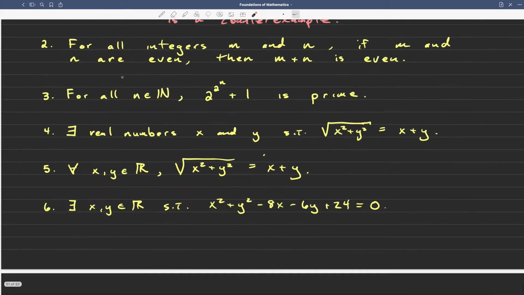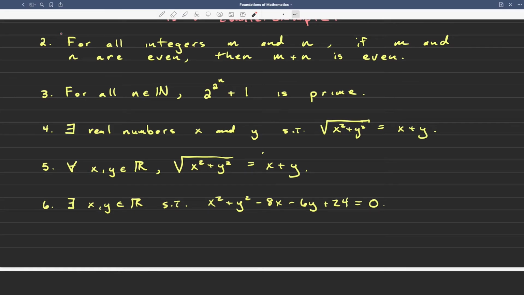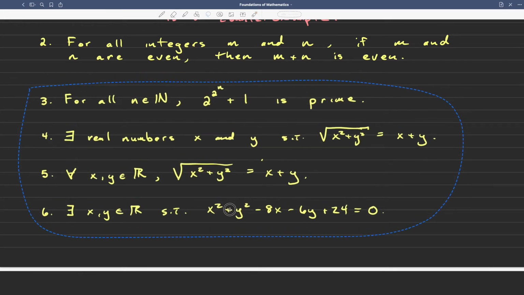Okay, for number 2, we're looking at the statement, for all integers n and m, if m and n are even, then m plus n is even. So if you think it's true, you need to prove it. If you think it's false, you need to prove that also. This is another universally quantified statement.